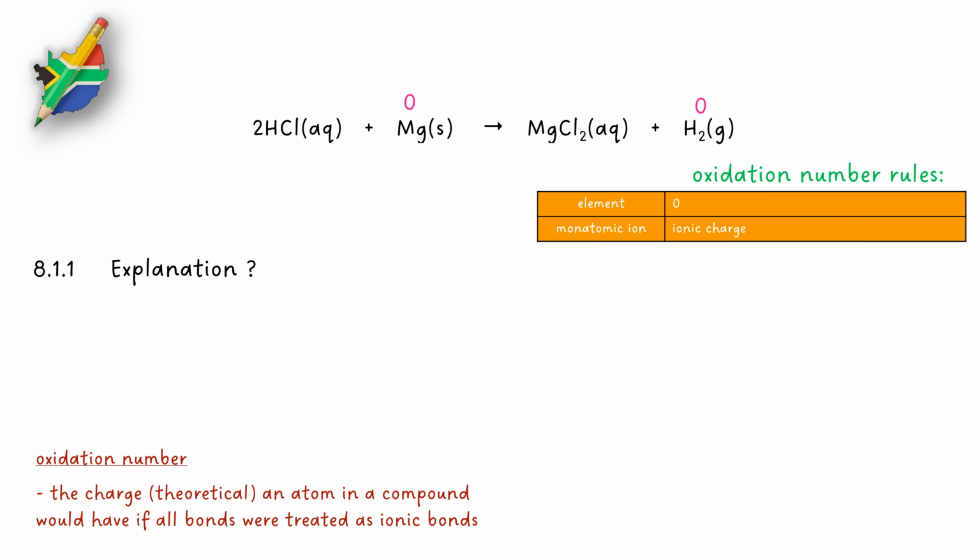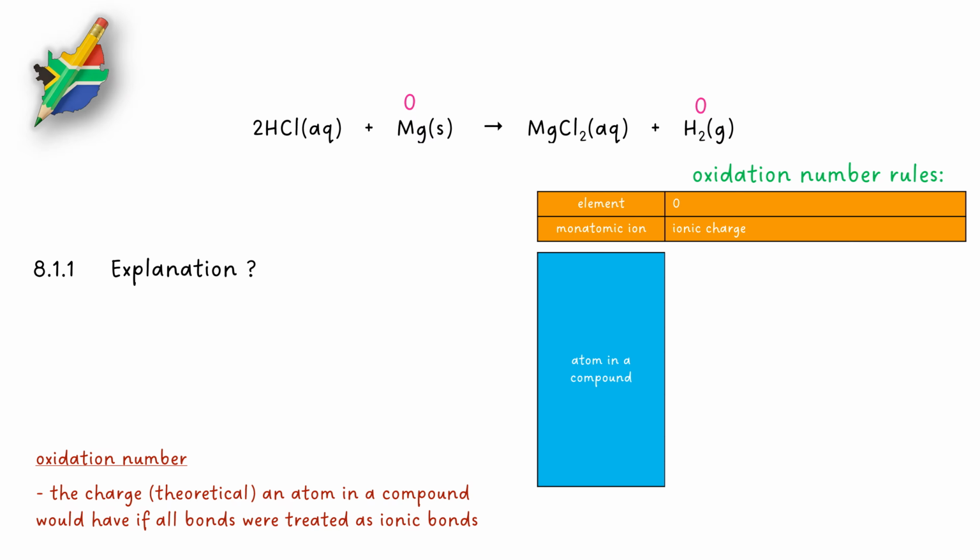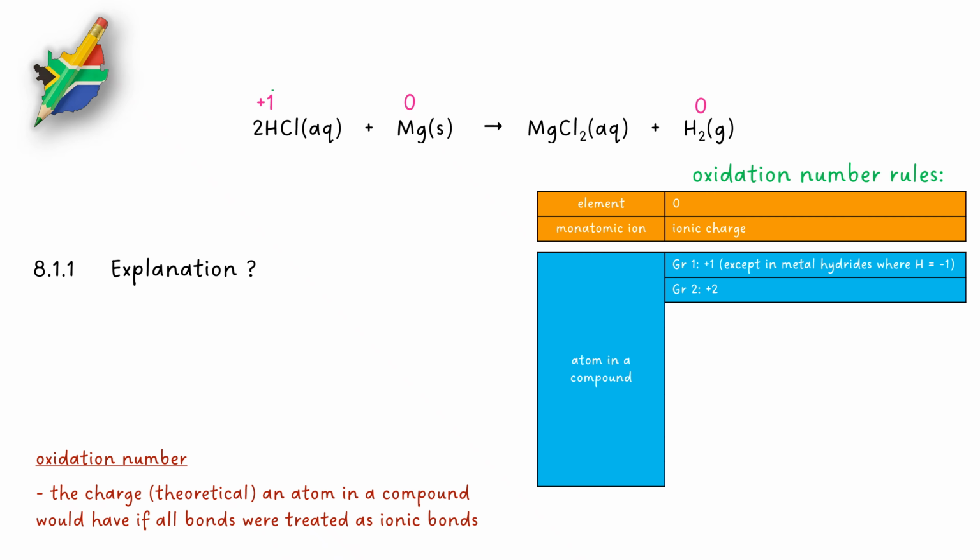Monatomic ions have an oxidation number equal to their charge. Then atoms in a compound, whether the compound is covalent or ionic, have the following oxidation numbers. +1 for the group 1 elements. So hydrogen in hydrochloric acid is +1. Group 2 elements have a +2 oxidation number.